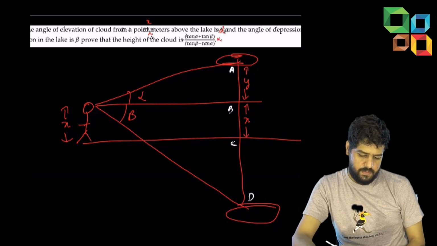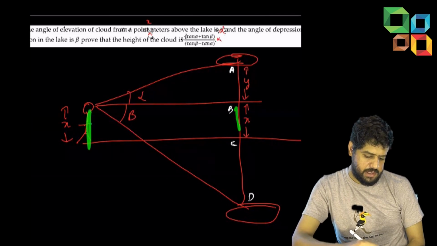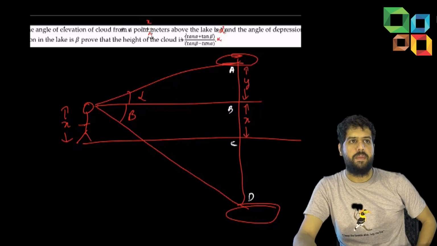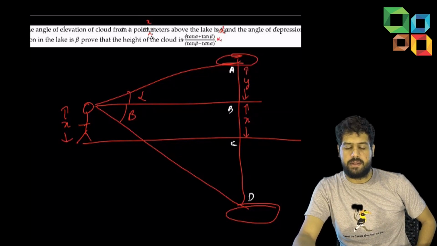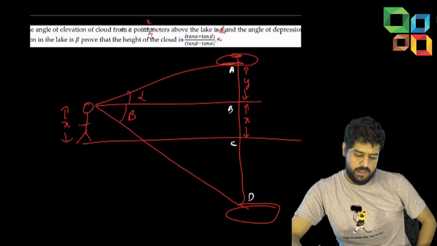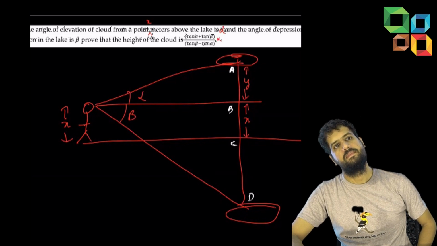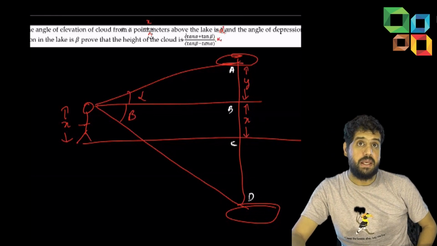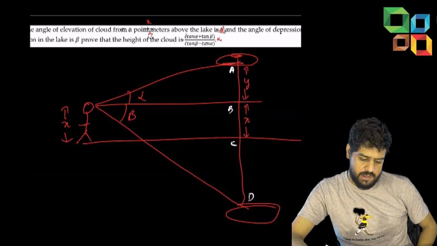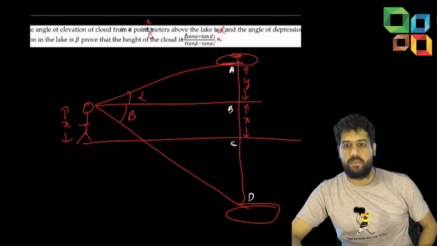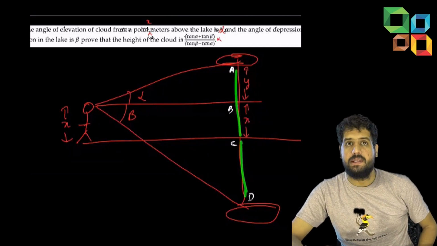This height is the same as your height. This height, let me assume as y. Is there any other length you can find? How much will the length CD be? AB is only this height. This height will be equal to this height.